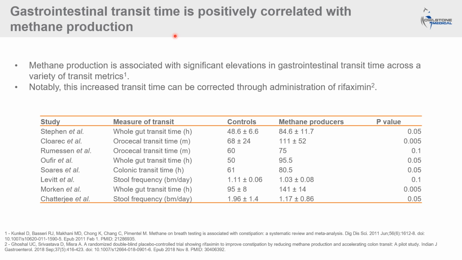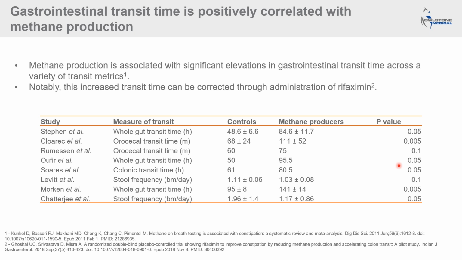Importantly, this can be seen across the literature and across a variety of methods to measure this transit time, looking at either whole gut transit time or a cecal transit time, colonic transit time, or even stool frequency, with all of these papers showing an increase in GI transit time in methane producers versus controls, and the vast majority being significant or close to significant for these values. So higher methane, slower GI transit, longer GI transit time.